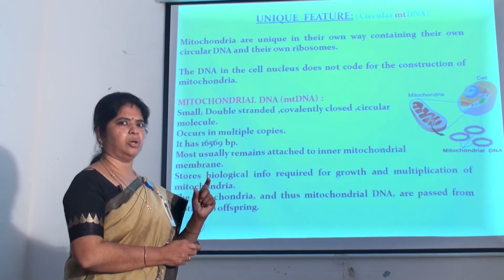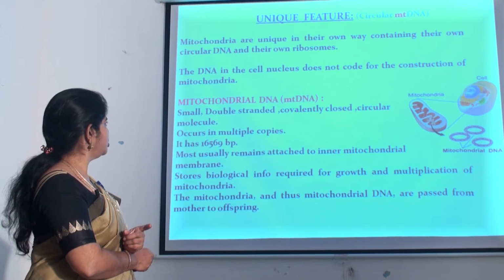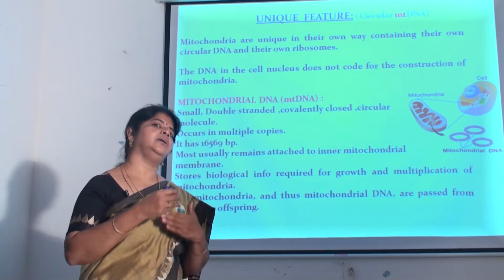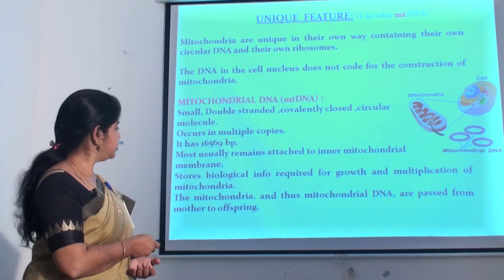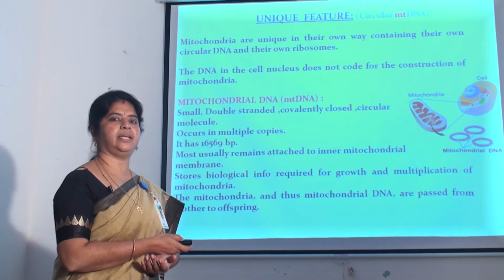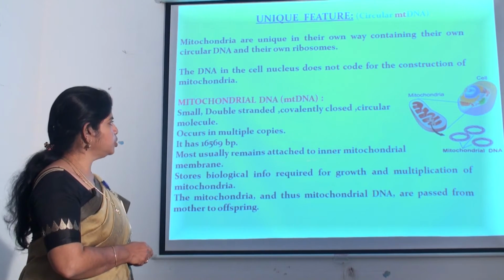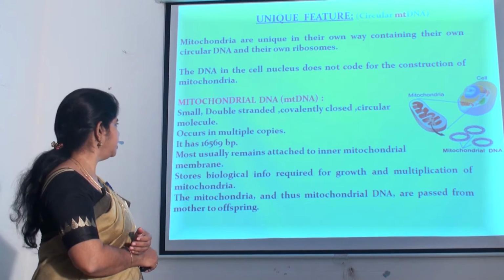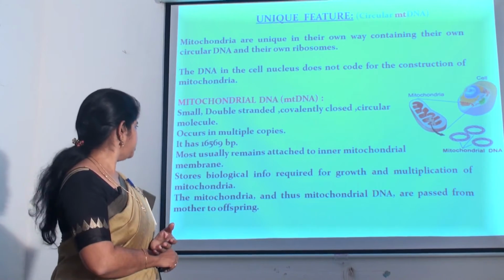It is a very small circular, double-stranded and closed DNA molecule. It can also perform replication, that is, it can produce multiple copies by its own, and nearly 16,569 base pairs are present in mitochondria. It mostly remains attached to the inner mitochondrial membrane, and it also is involved in cellular growth and multiplication.